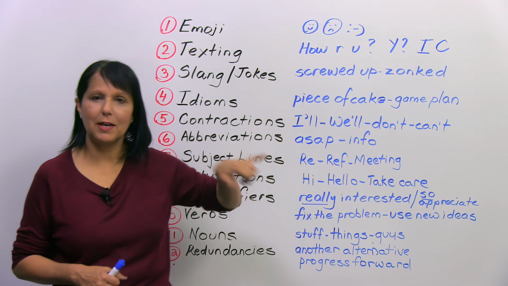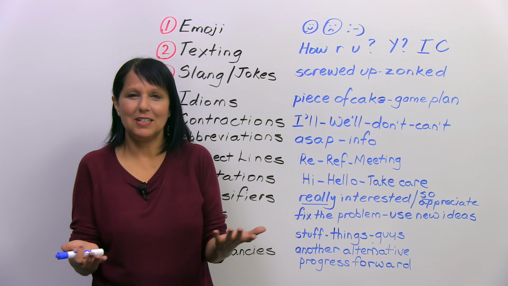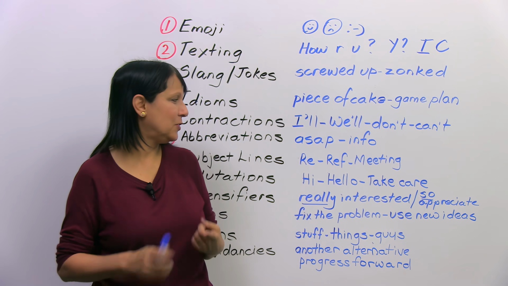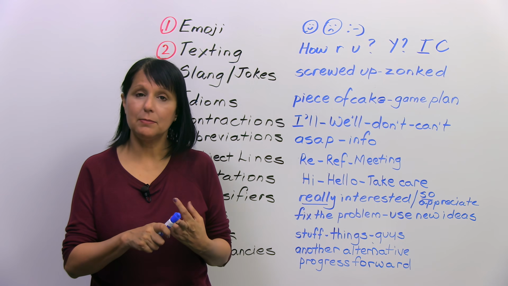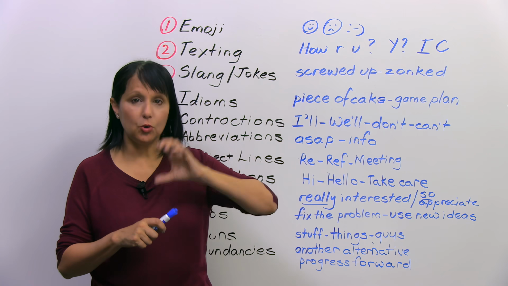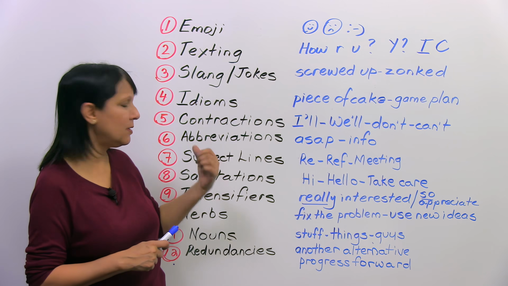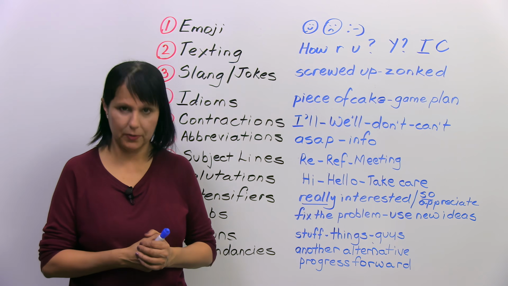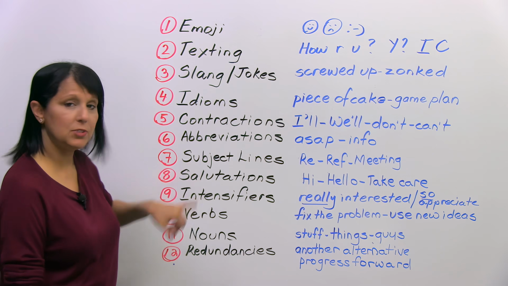No, that's a bad subject line because what are you saying about the meeting? Which meeting? When? What? So are you saying requesting a meeting, canceling a meeting, postponing a meeting, rescheduling a meeting? Those are the words you need to write, okay? And again, if you want to learn how to write those, I'll show you where you can watch a lesson on that. Okay, next, salutations.